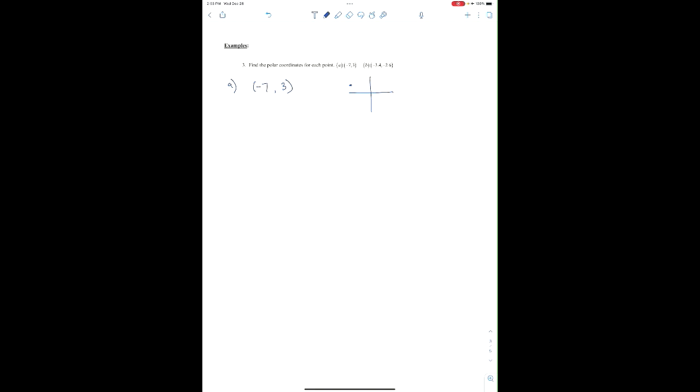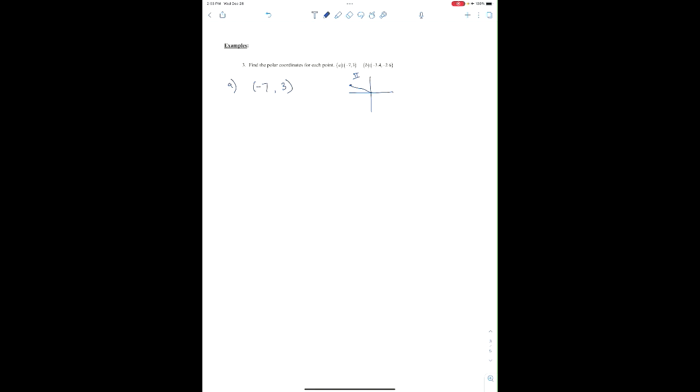And a line would look something like that. So we can see already that we're in quadrant 2. And that's going to be important for us because when we're finding our theta, we need to make sure that we're landing in quadrant 2.